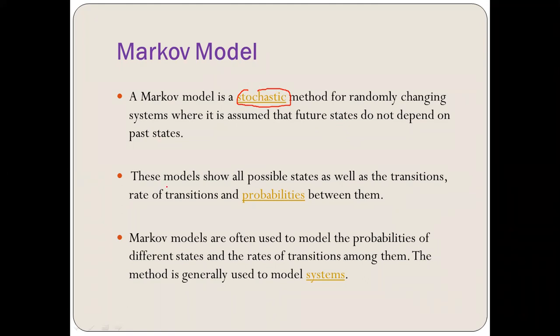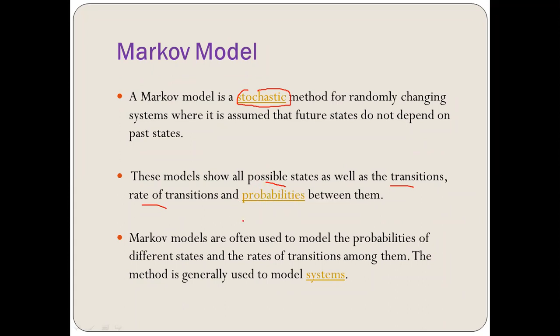Now, the second point: these models show all possible states as well as transitions, rate of transitions, and probabilities between them. So we are going to find out the state transition, that means how the model moves from one state to another state, and the probability of transition.